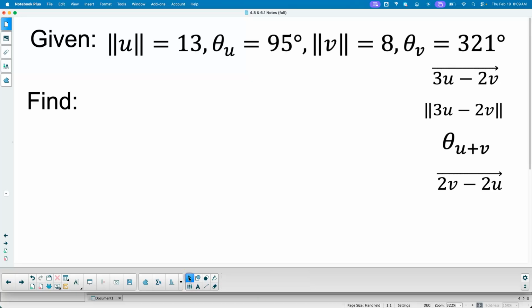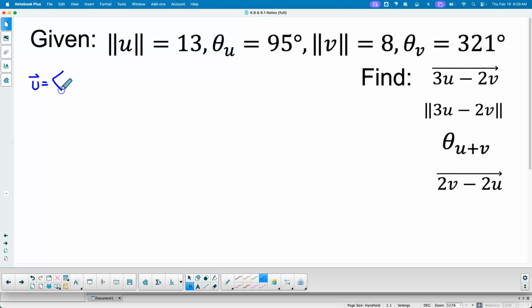Vector u is going to be 13 cosine of 95 degrees, comma, 13 sine of 95. Oops, I put in parentheses. First time all year that I put in parentheses; usually it happens a lot. Agree with me on that.